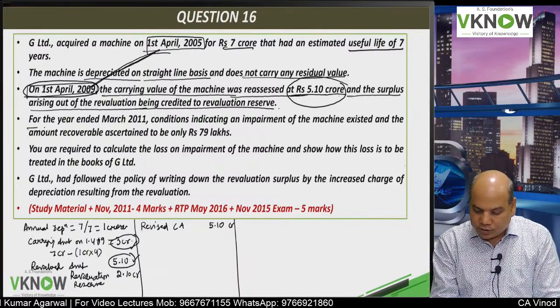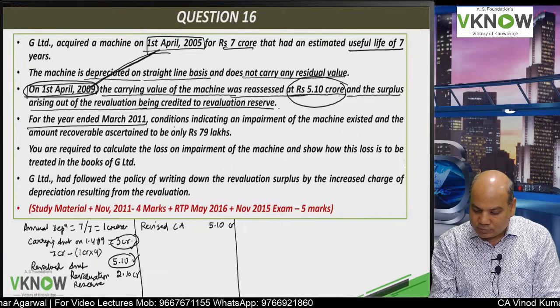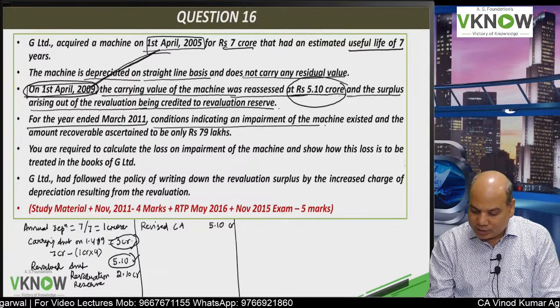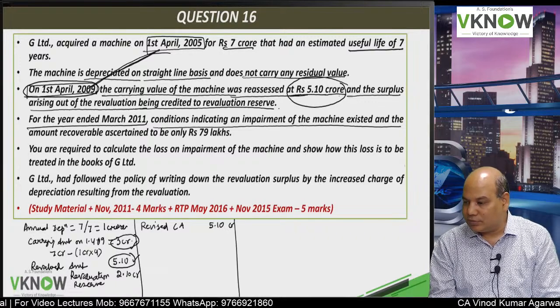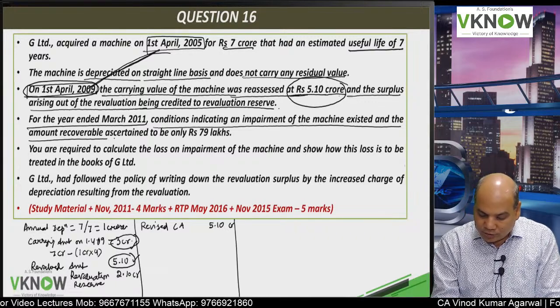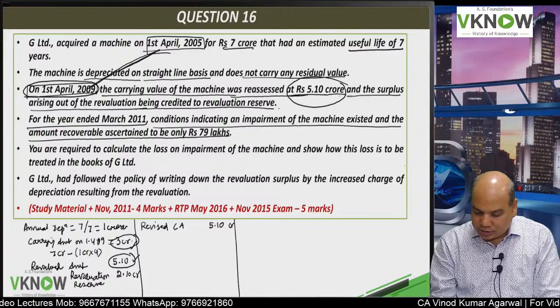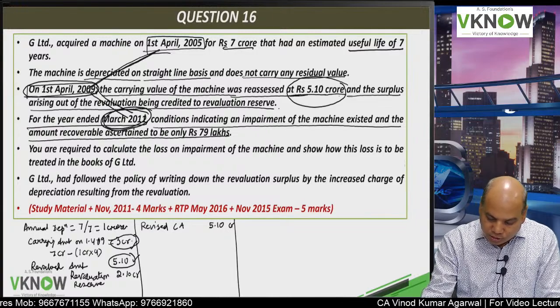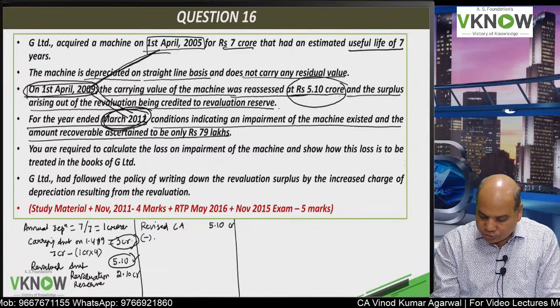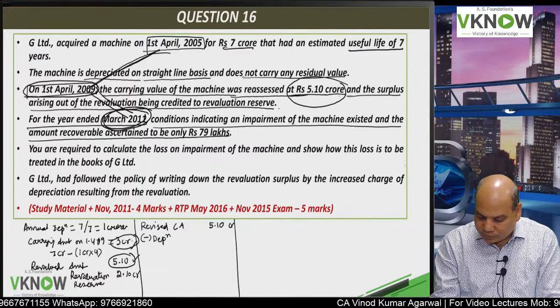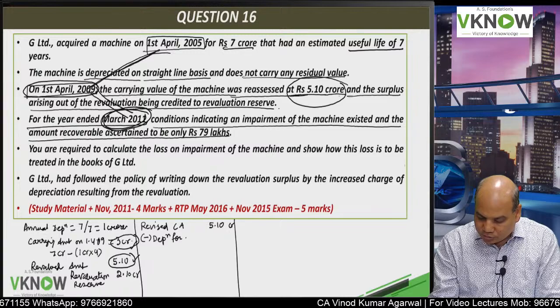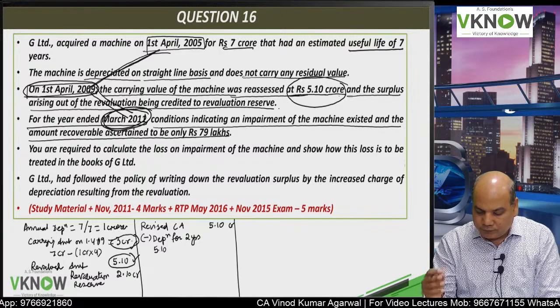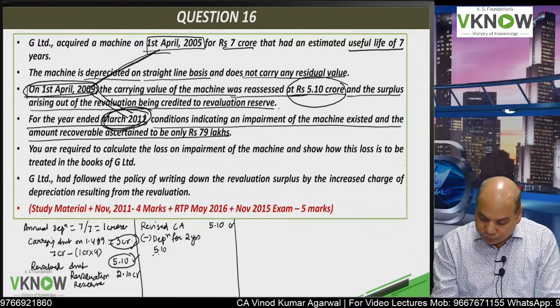Now they are saying for the year ended 31st March 11, condition indicating an impairment of the machine existed and the amount recoverable ascertained was only 79 lakh. 2 more years are over. So we are going to first provide depreciation. Depreciation for 2 years. 5.10 out of 7 years, 4 years were over.